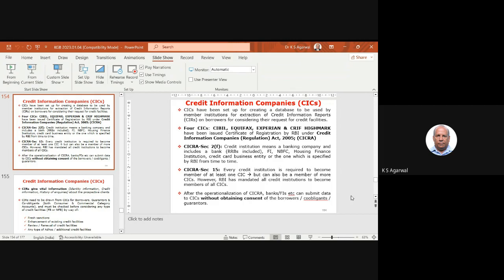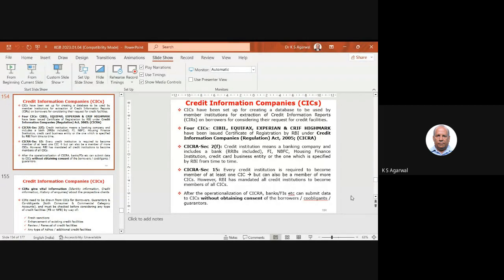They draw credit information reports, CIRs, on prospective borrowers for considering their requests for credit facilities.